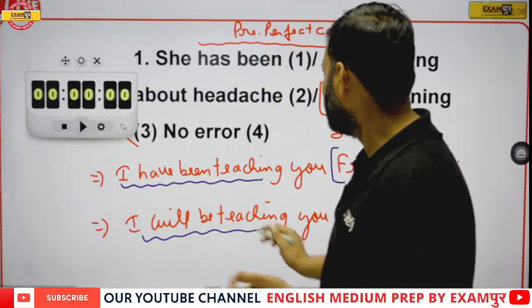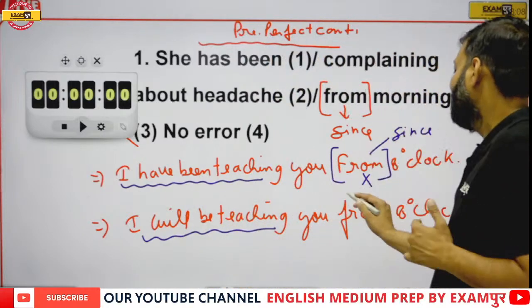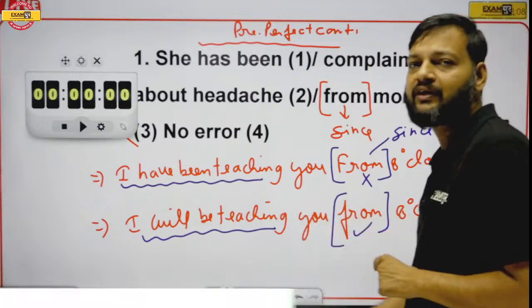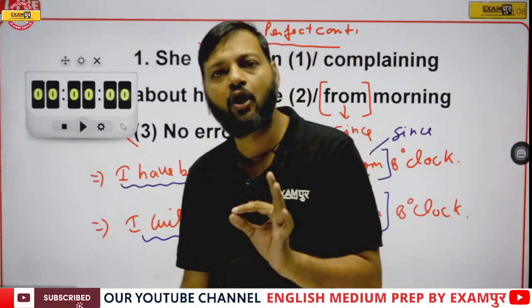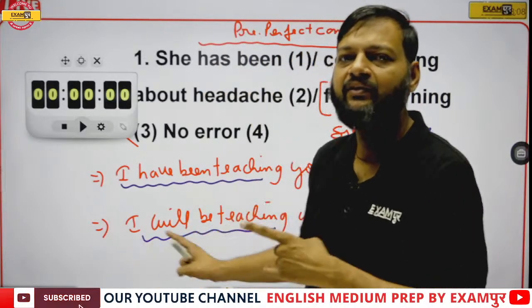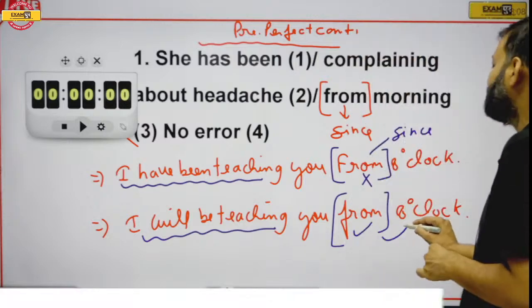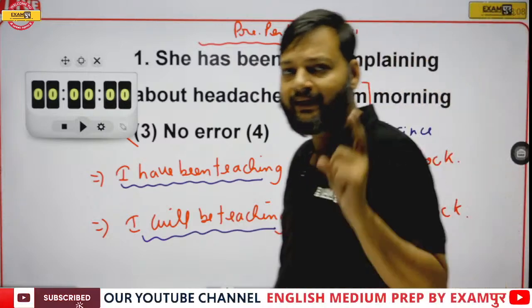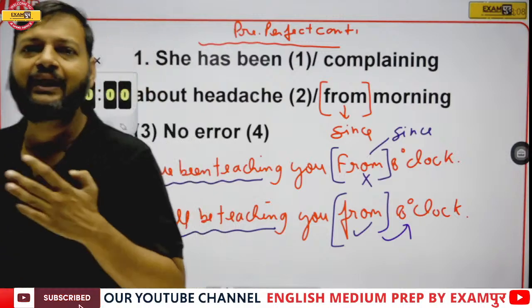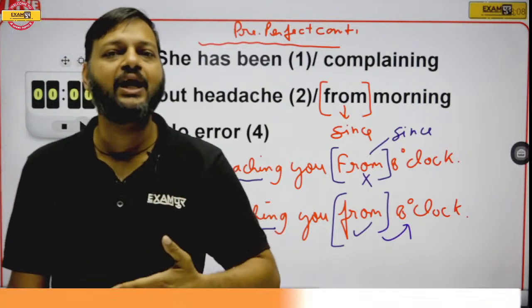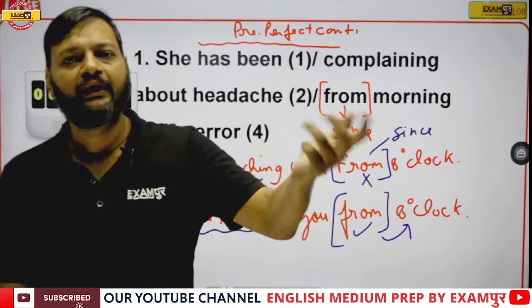But the second sentence, I will be teaching you from 8 o'clock, is absolutely correct, because this sentence is neither perfect nor perfect continuous. This sentence is simply future continuous tense. Here the work, like my teaching, has not started yet. It has to start, so I'll start it from 8 o'clock.